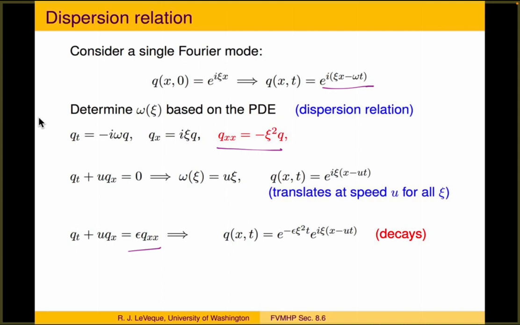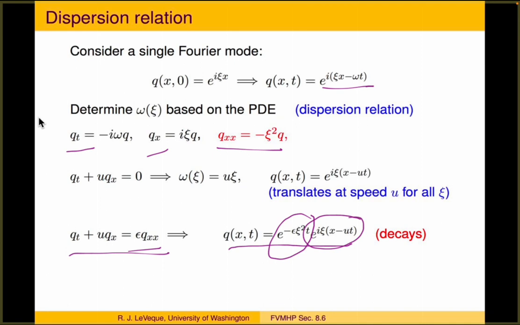And if you combine that with the qt and qx terms in this differential equation and solve for omega and then put that into the general solution for q, what you find is that, because qxx is real, whereas qt and qx both have this factor of i in front of them, when you plug it into the solution for q, you end up with a term that looks like exponential decay in time in addition to this translation in space.